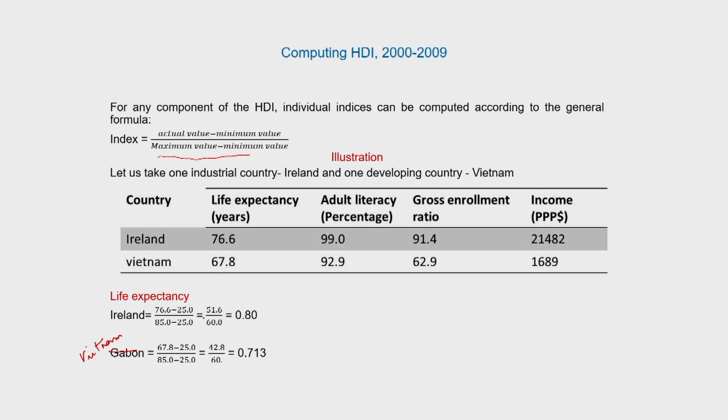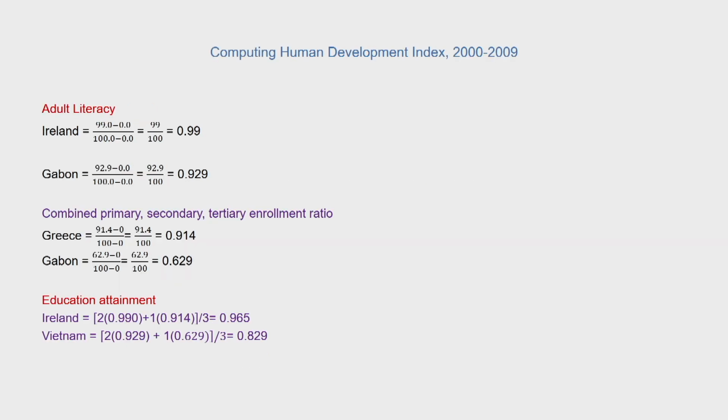So, we first calculate the life expectancy index going by this formula: actual minus minimum divided by maximum minus minimum. So, we have 0.8 and 0.713. Similarly, an index is calculated for adult literacy. I am sorry, this has been mentioned as Gabon, whereas this should be Vietnam.